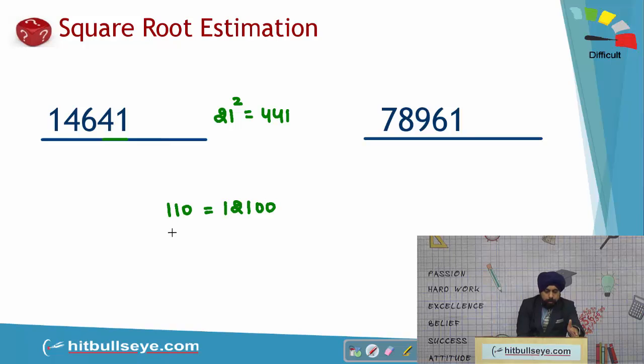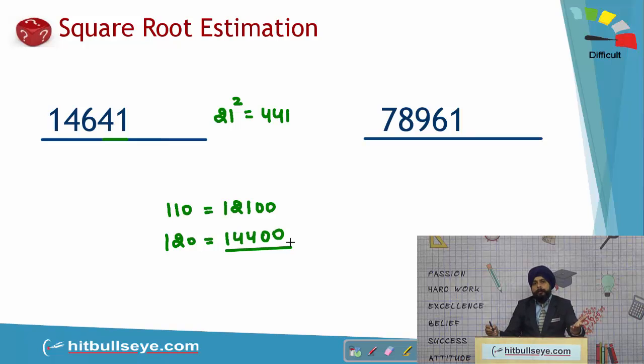And what is the square of 120, students? It is 14400. Now you can see your answer is quite close to this and a little more. Knowing it is a little more than 120 and 21 is involved, the only possibility left is 121. So students, 121 becomes your square root here.